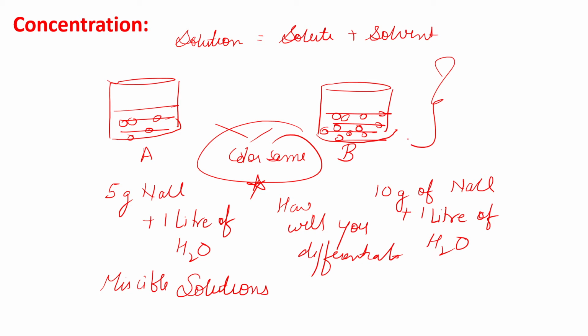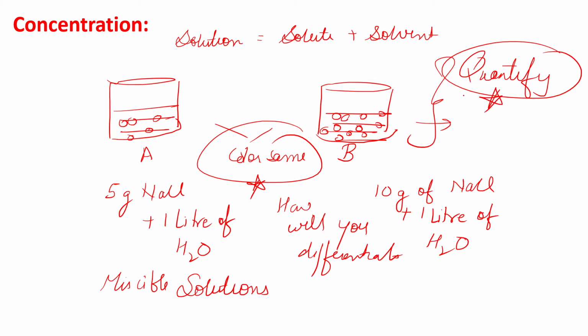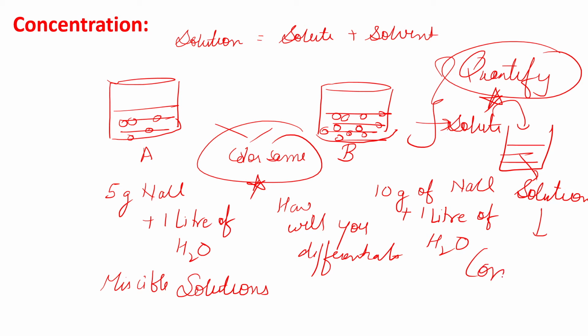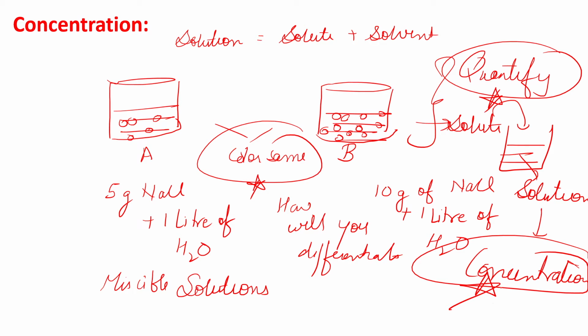To differentiate these situations and to quantify how much of a solute is present in a solution, how much solute is added to a solution, we need to define the term called concentration. Concentration is a term that quantifies the amount of solute added to a solvent.